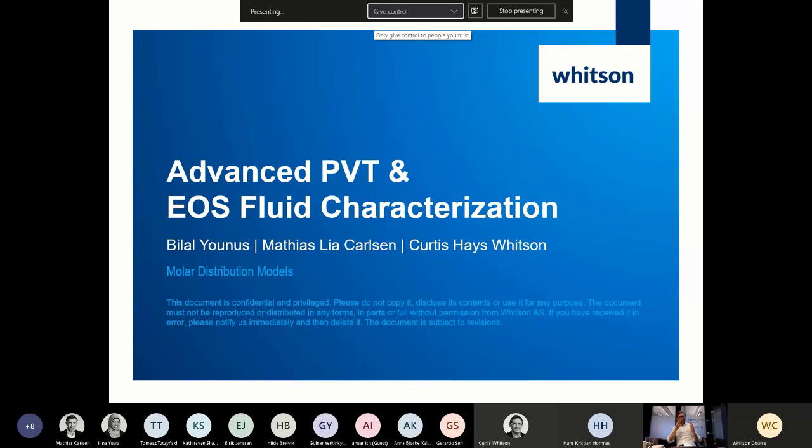So in studies where you have both the GC data and boiling point distillation data available, how are we using that in practice, and how would you use this in, for instance, developing a C7 plus specific gravity molecular weight relationship? Curtis, you want to answer that quickly?